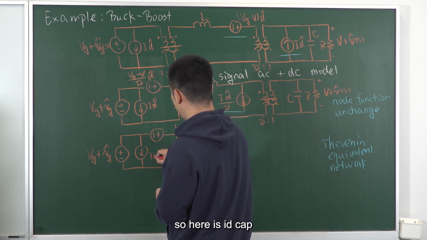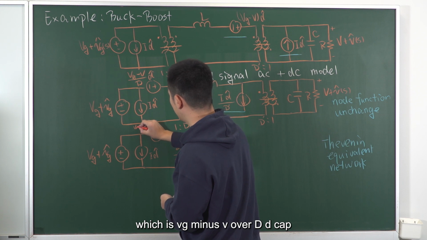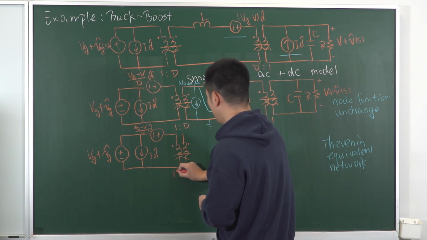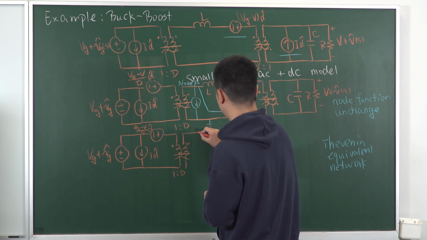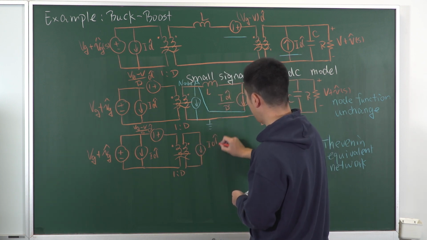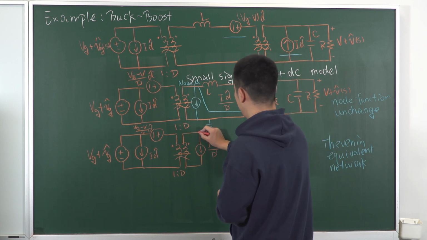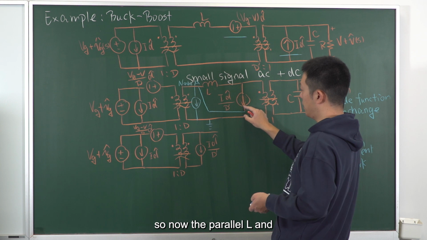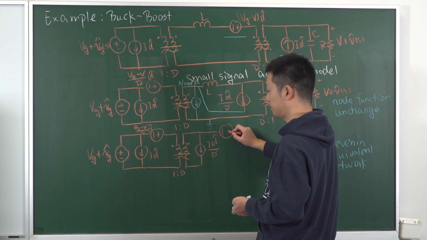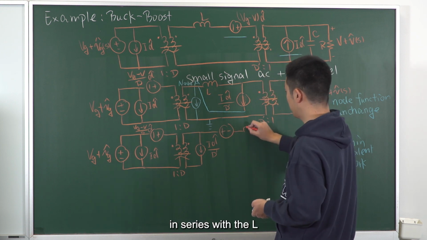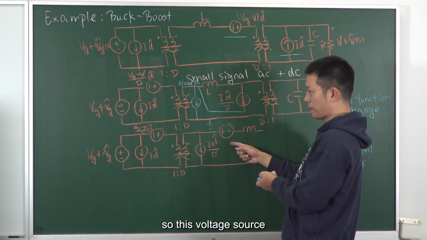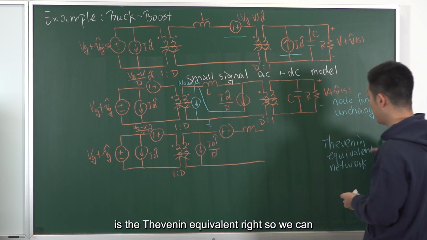So here is I d cap. This is (Vg minus V) over D times d cap, with the 1 to D transformer. This is the same as this one, I d cap over D prime. Now the parallel of L and the current source is modeled by a voltage source in series with the L. This voltage source is the Thevenin equivalent, right?